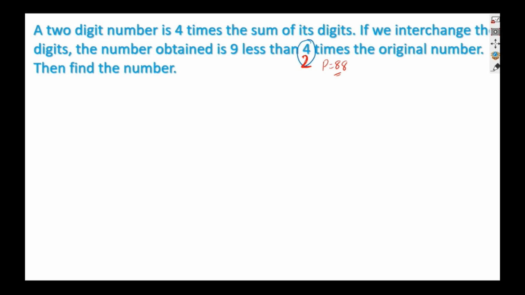A two-digit number, there will be two digits naturally. Let the unit place be x, and the tens place be y.